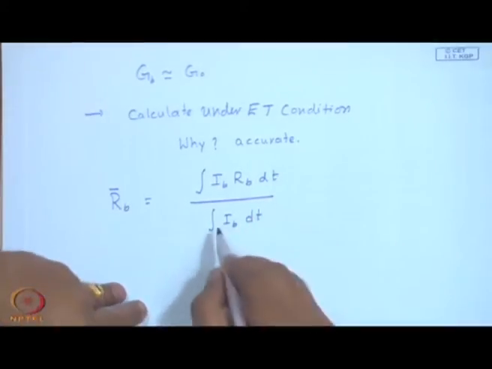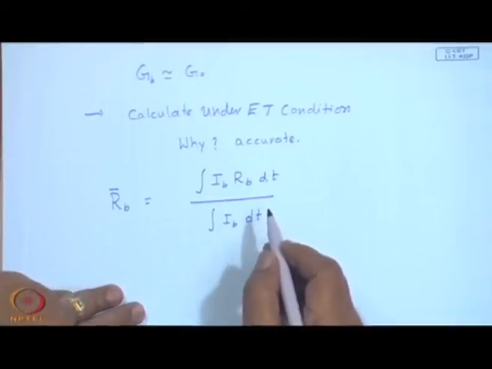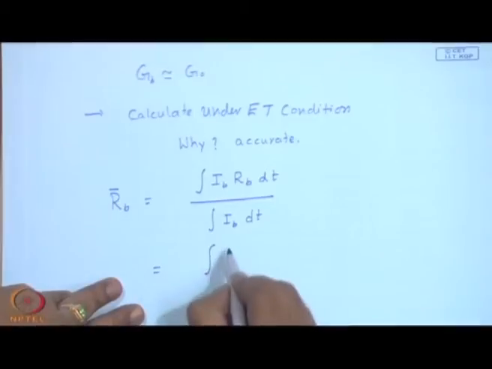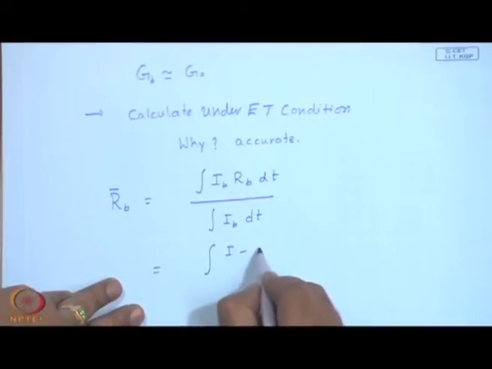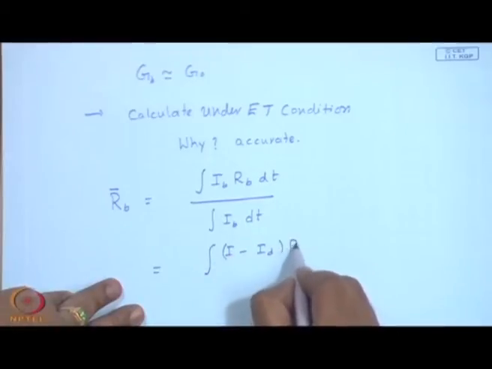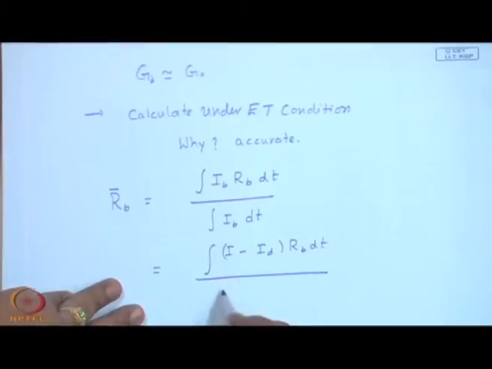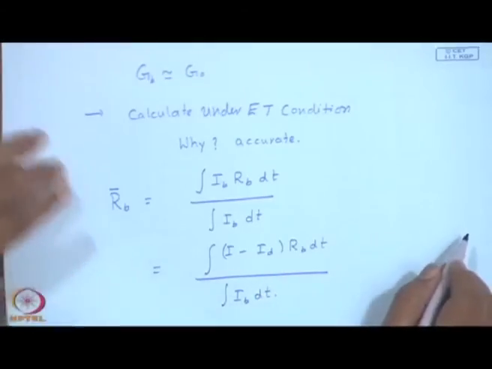Limits are unimportant for the argument that is going to follow. So, this is I minus I d, R b d t, by I minus I d, d t. Okay.